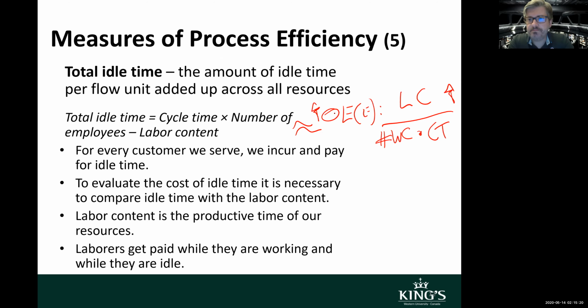On the other hand, if your cycle time is really long, your efficiency is going to fall. Or the other way around too. If you have lots and lots of work centers, your process is divided into a very small number of tasks, that will increase the overall efficiency of your process. So these two things are linked together, and we're going to be seeing this when we talk about assembly line balancing.